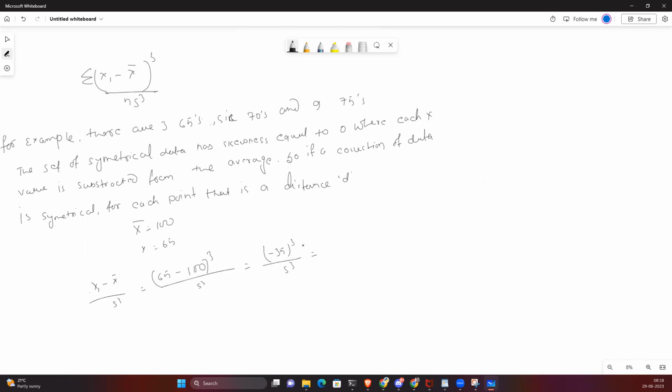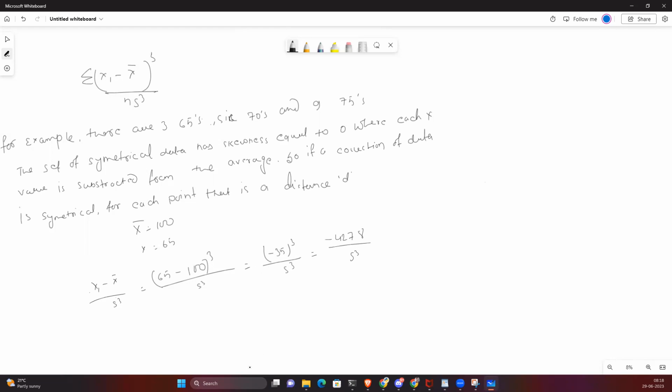Can anyone calculate 35 cubed? How much? I think I got it: 4278. I think this will be right, divided by s cubed. Okay, so we got this.